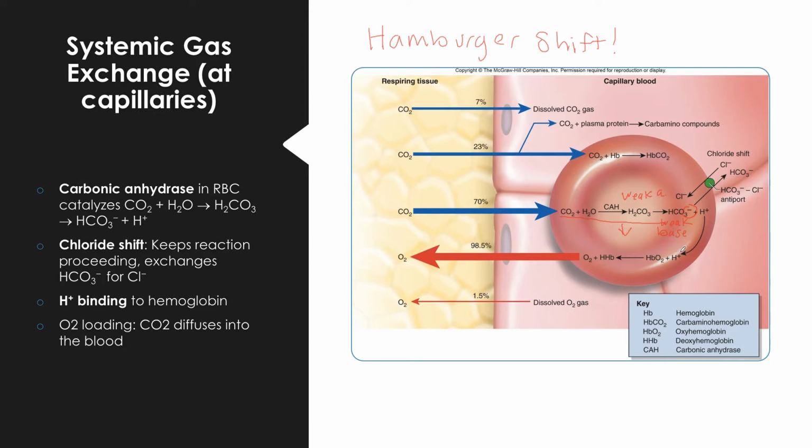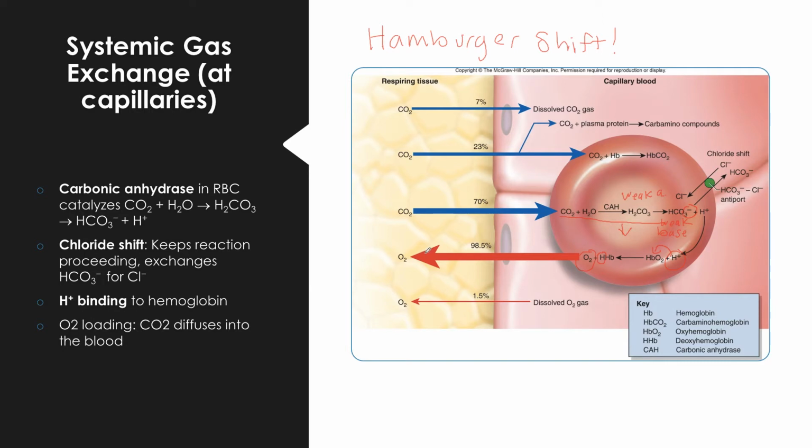So you can come over here, put this proton next to this oxyhemoglobin, and that will convince the hemoglobin to let go of the oxygen and exchange it for the proton. So now we have deoxyhemoglobin and a free O2 molecule that can now diffuse into the respiring tissue.